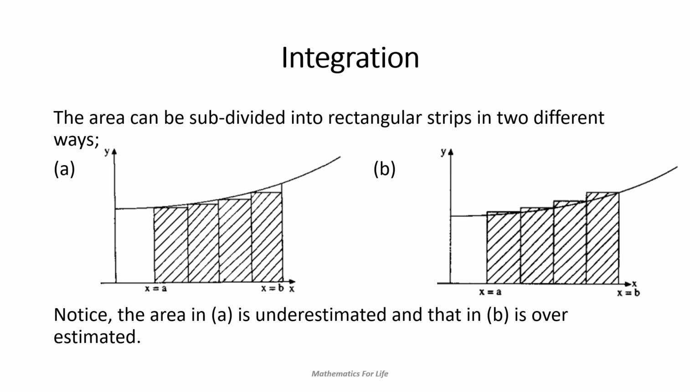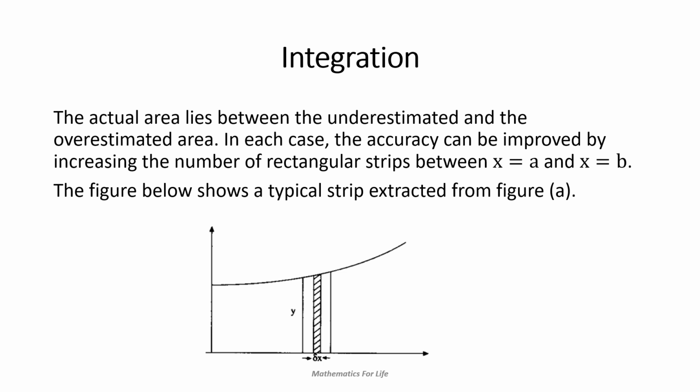The second one is subdividing the area under the curve into 4 strips, where each of these strips goes beyond the curve. Notice that the area in A will be an underestimated area, and that in B will be an overestimated area. Notice that the actual area lies between the underestimated and the overestimated area.